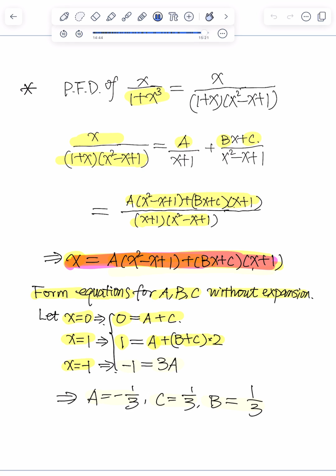You plug in x equals minus 1, you will have minus 1 equals 3a. So we can immediately get a should equal to minus 1/3. Then you plug this into the first equation, you get c equals 1/3. You can plug in a and c into the second equation, you will get b equals 1/3. That solves all the parameters a, b, c without the need to expand the polynomials.